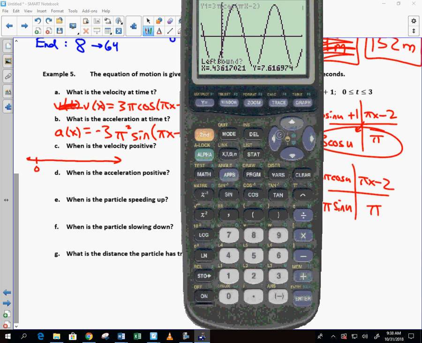I'm going to grab this one right here. And I got 0.136.